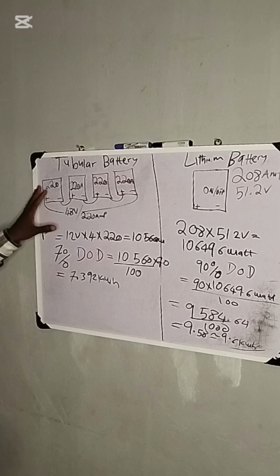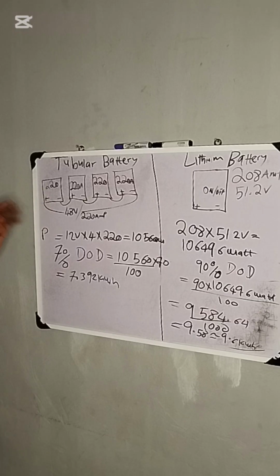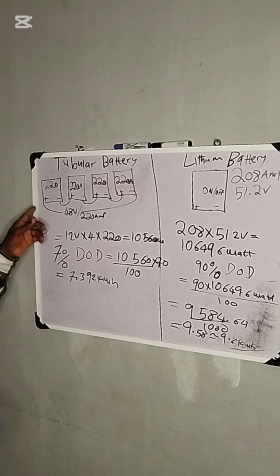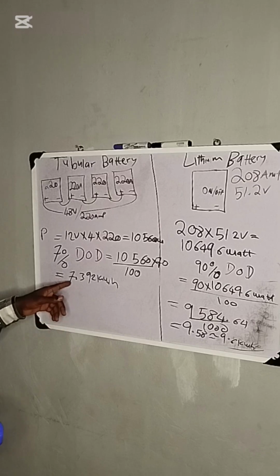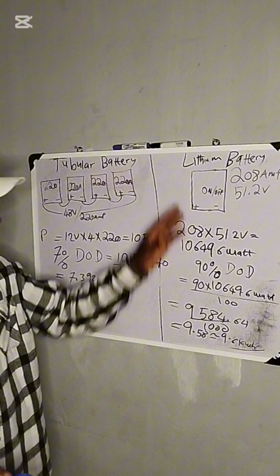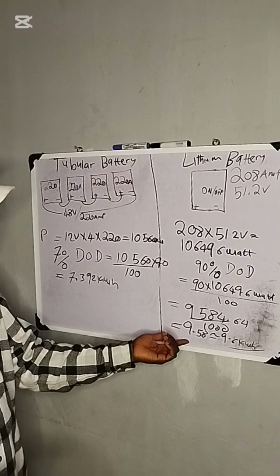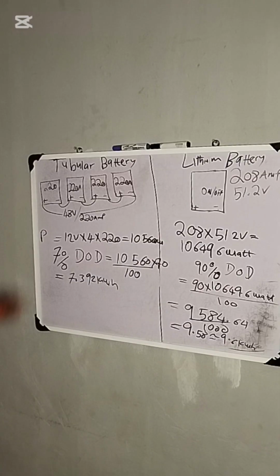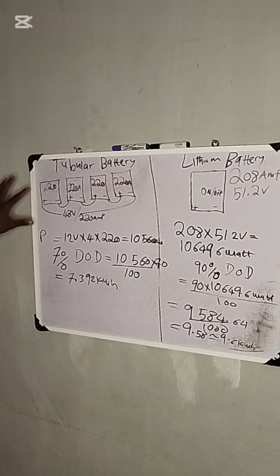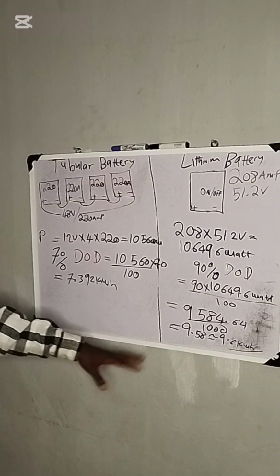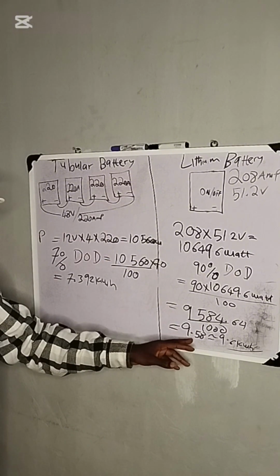But in the tubular battery, you can only use 70%. So out of 10,560 watts of tubular battery, you can only use 70% of it, which is 7.39 kilowatts, approximately 7.4 kilowatts.